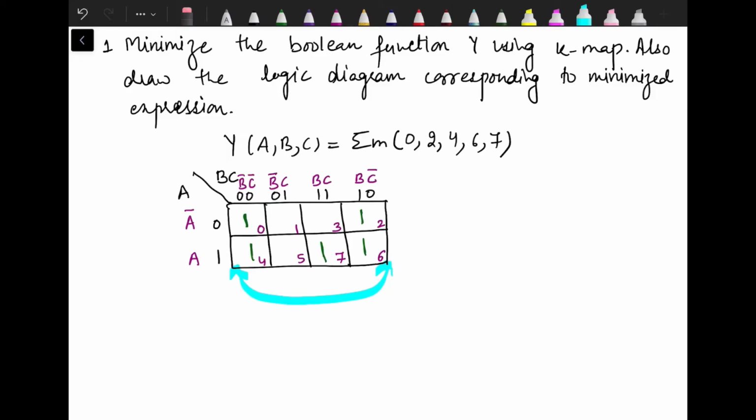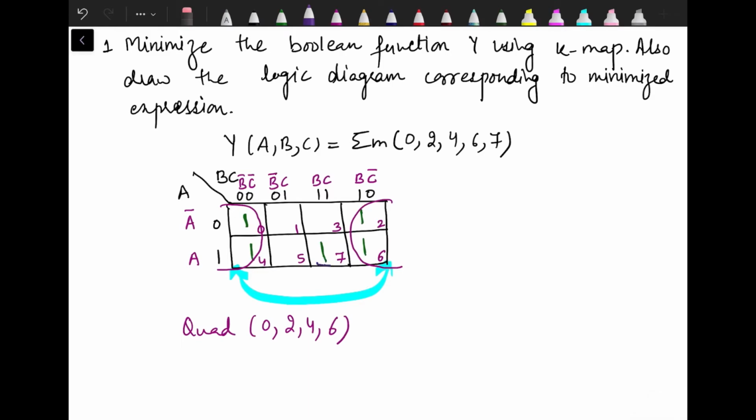If we fold the K-map from these two sides, then it will result in a quad of 0, 2, 4 and 6. Then we are left with a 1 which is minterm 7.